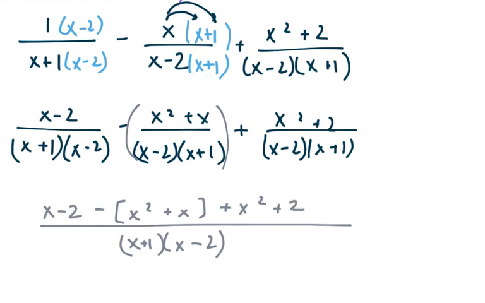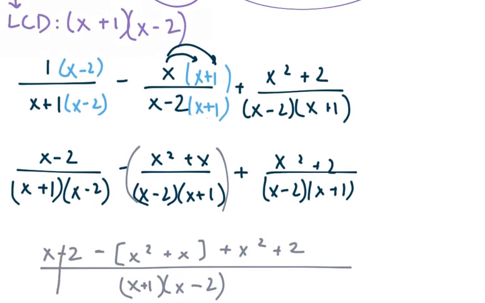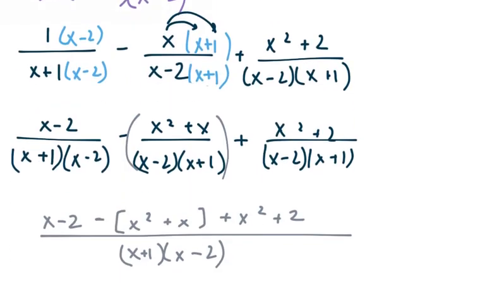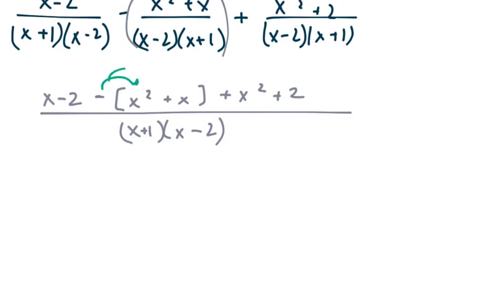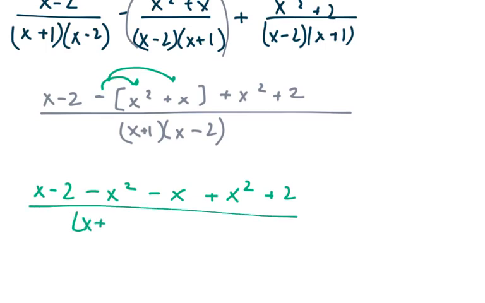squared plus 2. Okay, and then our last step is to simplify when possible. So we're going to need to distribute this negative in and then combine like terms. So we'll have x minus 2 minus x squared minus x squared plus 2 all over x plus 1 times x minus 2.